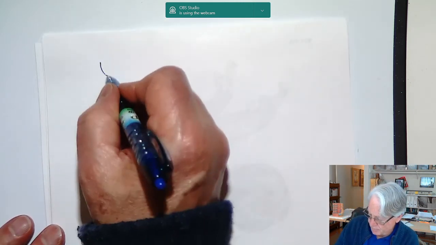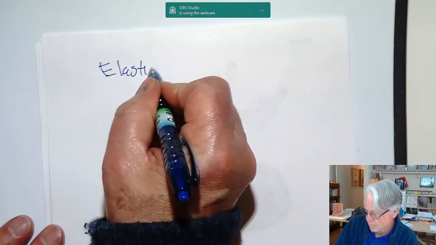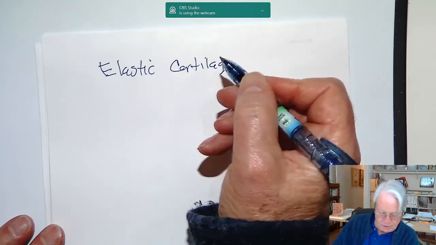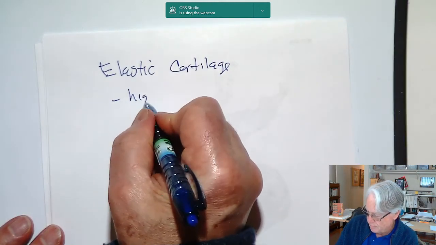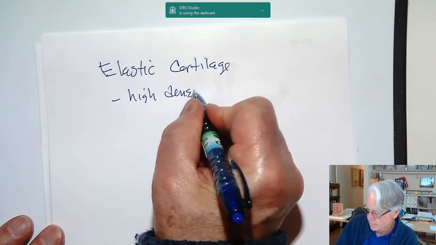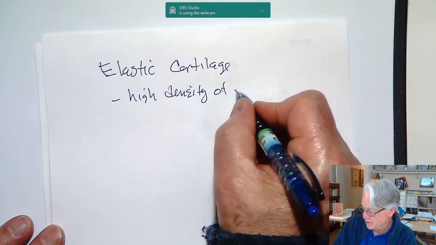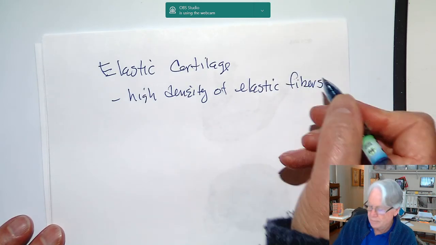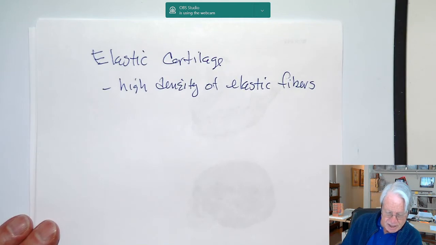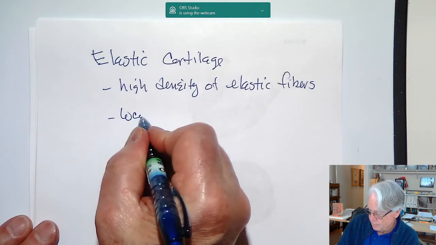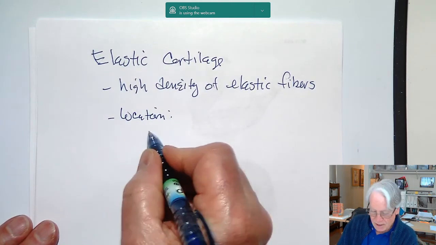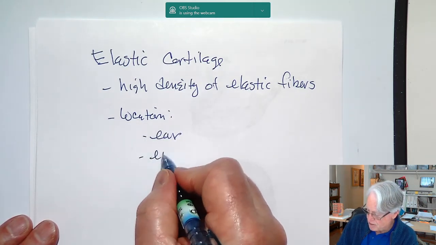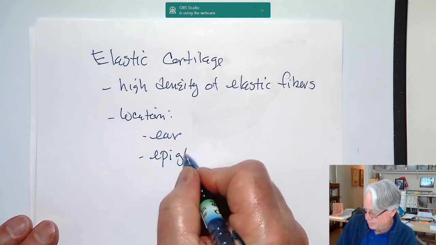Elastic cartilage. So here we have a high density of elastic fibers. And location, the ear, something called the epiglottis.